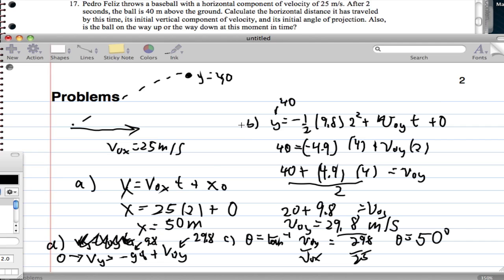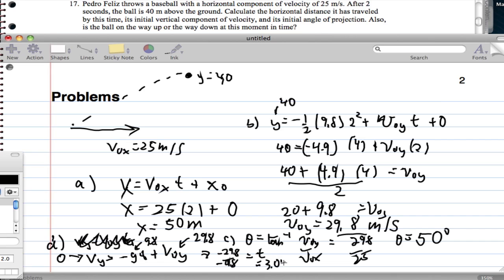When we rearrange this for part D and do all this math, we're going to get negative 29.8 divided by negative 9.8. That's going to be the time. So 29.8 divided by 9.8 is 3.04 seconds.